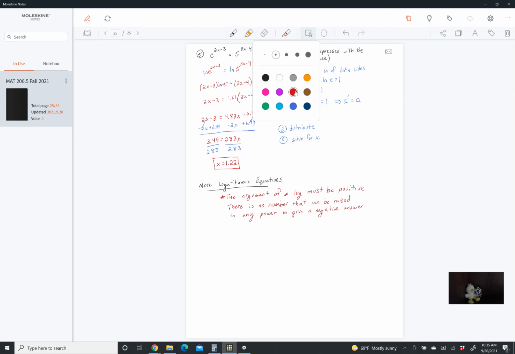In other words, if we raise a number to a power, we will never get something that's negative, no matter what the base is, as long as it's positive. No matter what our base is, and no matter what our power is, we're never going to get something negative.